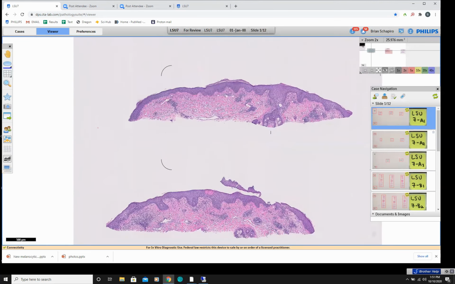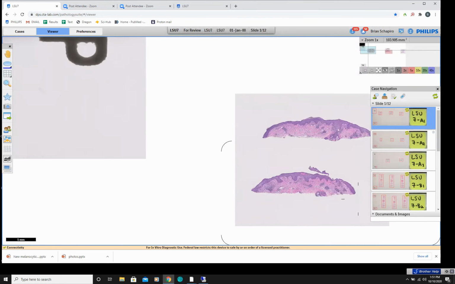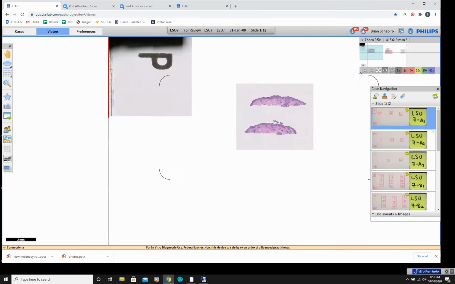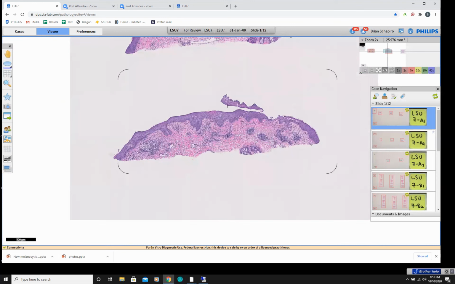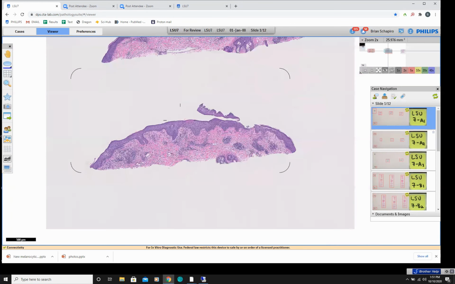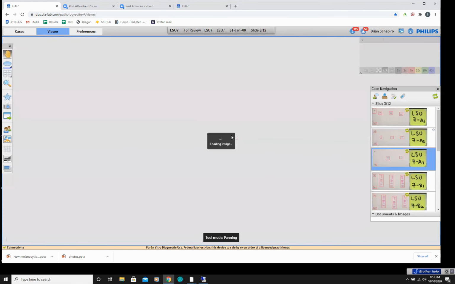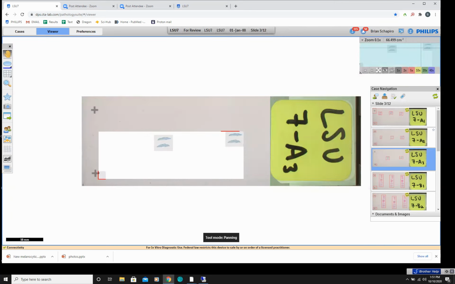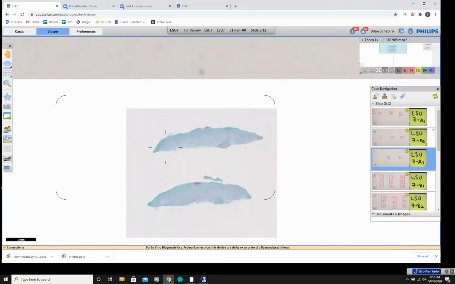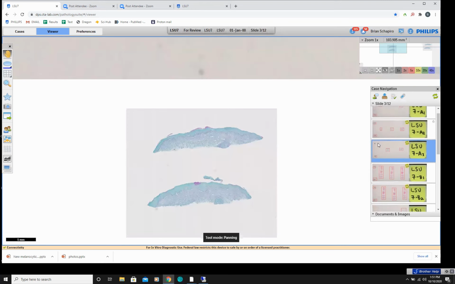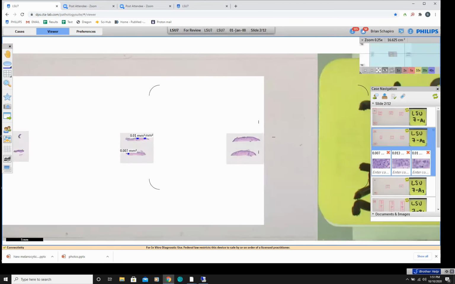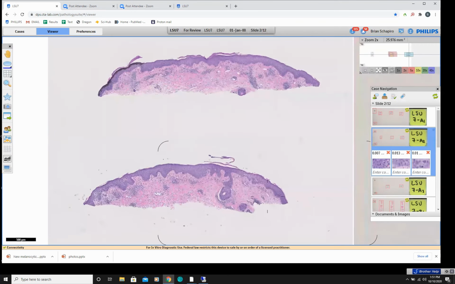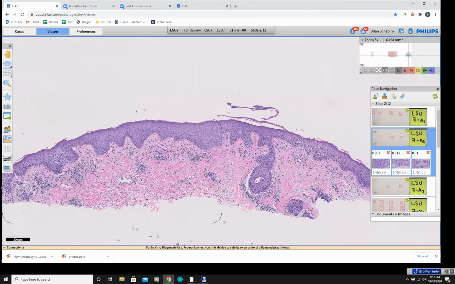So I got this case, and I thought, well, maybe this is an eczematous reaction, a bit of eczema on the back. I did a PAS stain to see if it's fungus, and that was negative. And we cut some levels. And here are the levels. The level sections were kind of interesting, still showing the spongiosis.